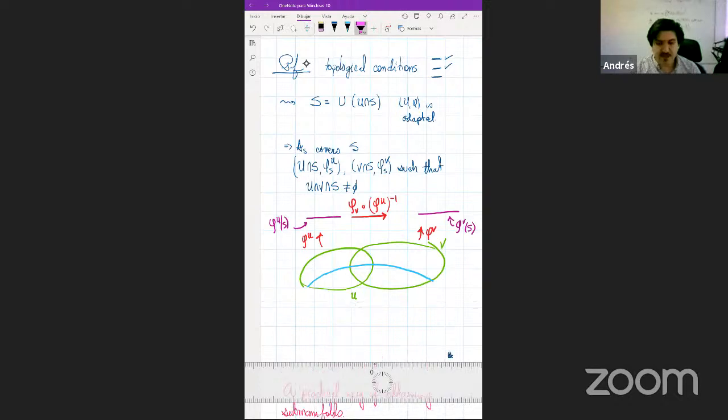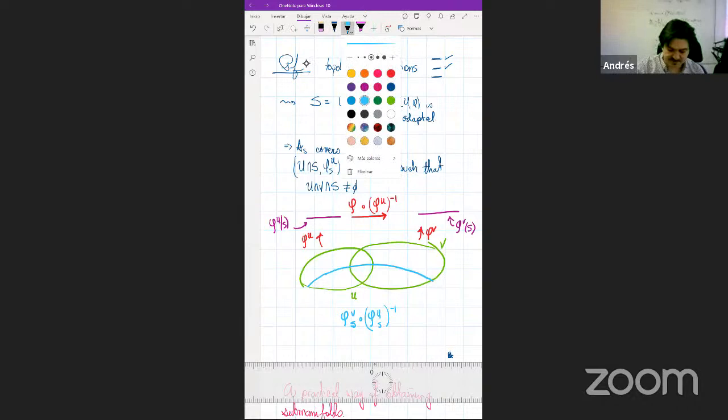You are restricting that to a closed set, so you cannot argue that it is C infinity, but the one that you care about is this one. That's the one that you care is C infinity. Okay?